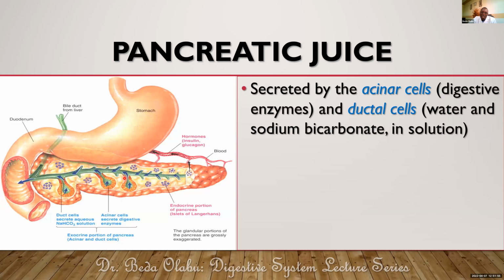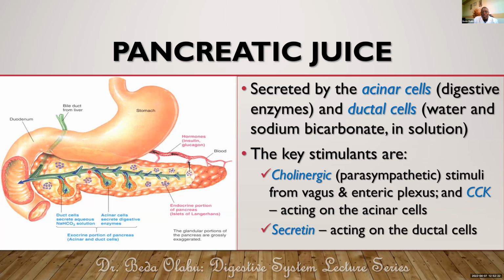And the ones that inhibit some of the protein-digesting enzymes are also produced by the acinous cells. The ductal cells produce a bicarbonate solution, a sodium bicarbonate solution. So it means it has water and sodium bicarbonate in solution. Those are produced by the ductal cells. The small duct, the large duct, they produce bicarbonate.